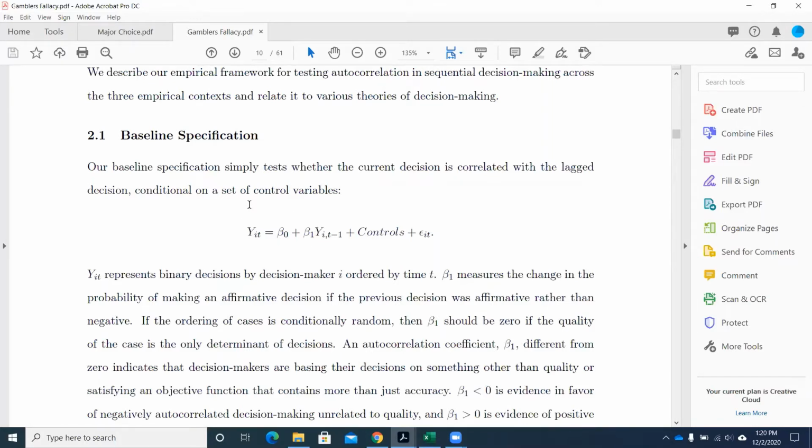So whether it was a strike or not, whether the previous pitch was called a strike or not, whether or not you approve the loan, whether or not the previous loan was approved. That's how we would estimate whether gambler's fallacies exist in any scenario where we have decision making like this going on.